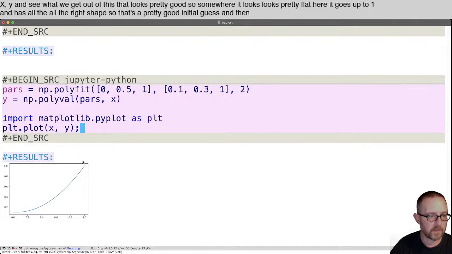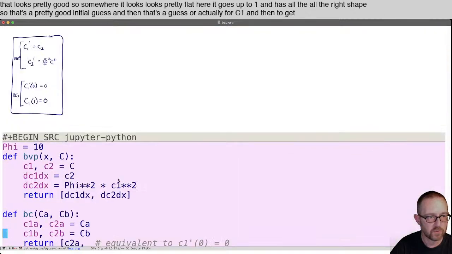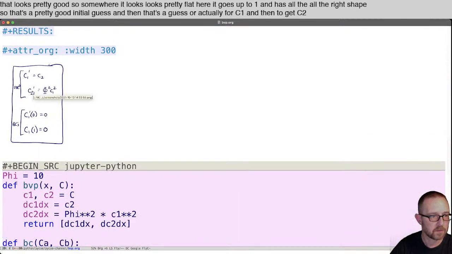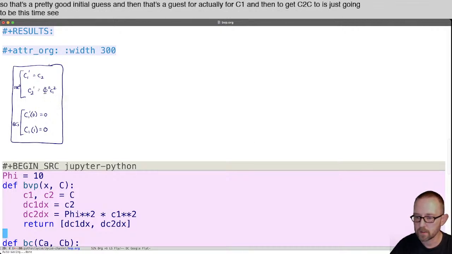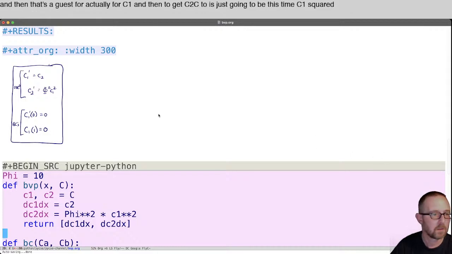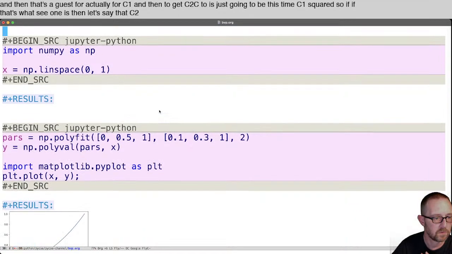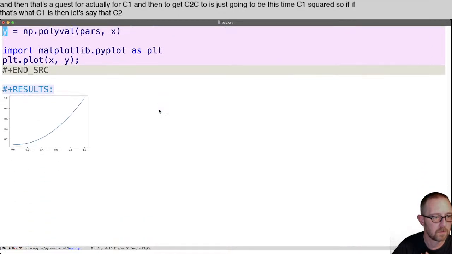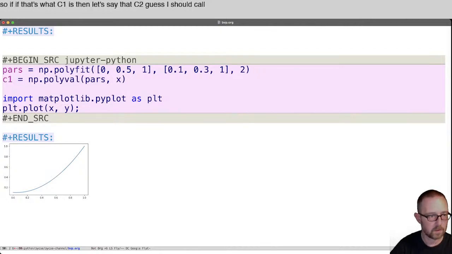And that's a guess actually for C1. And then to get C2, C2 is just going to be this times C1 squared. So if that's what C1 is, I guess I should call this one C1.